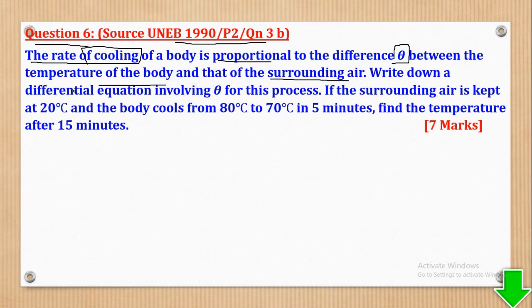Write down a differential equation involving theta for this process. If the surrounding air is kept at 20 degrees Celsius and the hot body cools from 80 degrees Celsius to 70 degrees Celsius in 5 minutes, find the temperature after 15 minutes.